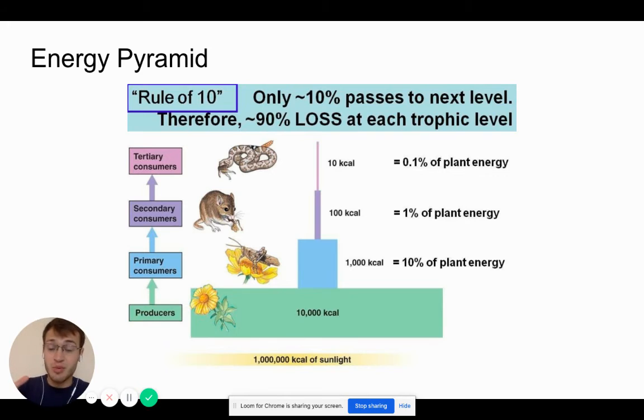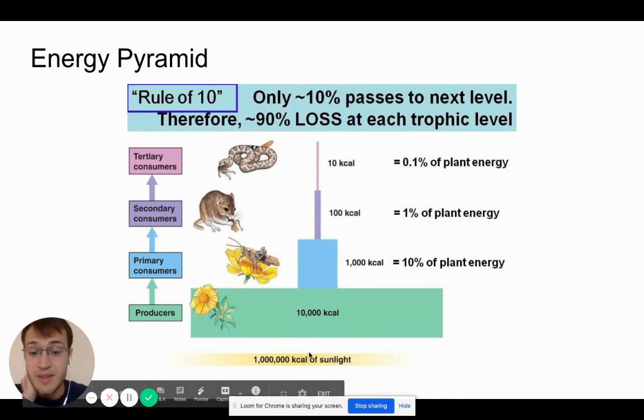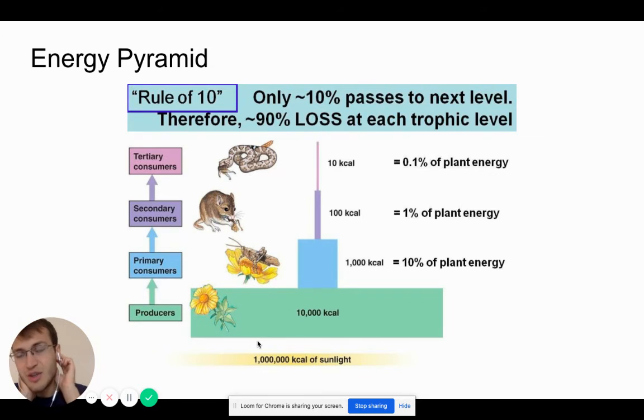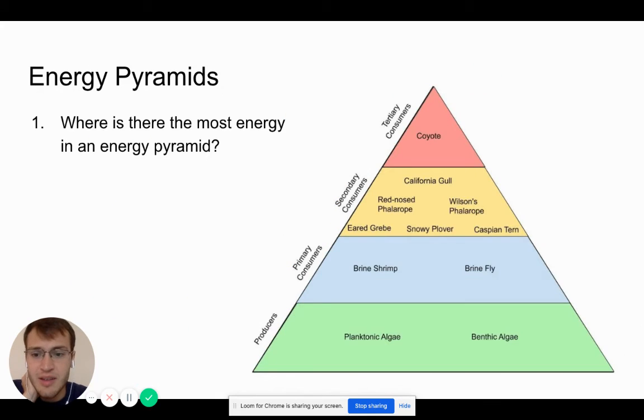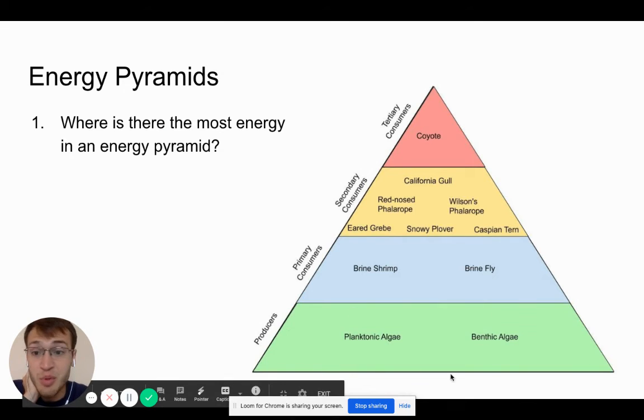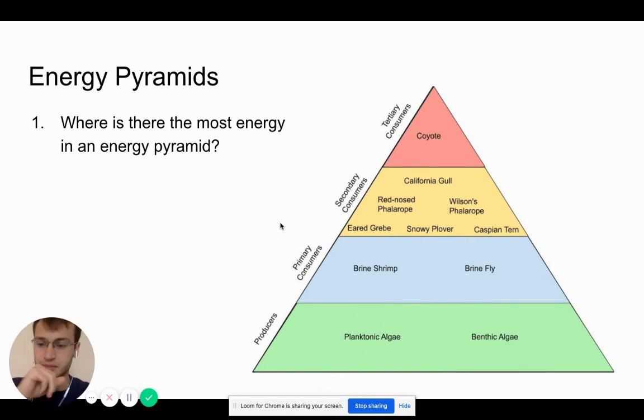So if there's enough room for the producers and there's enough water and nutrients, then they will grow and they will use the sun's energy. So because producers can use as much of the sun's energy as they want, or as they're able to, they have the most energy. So down here, the producers, this bottom part, they have the most energy.